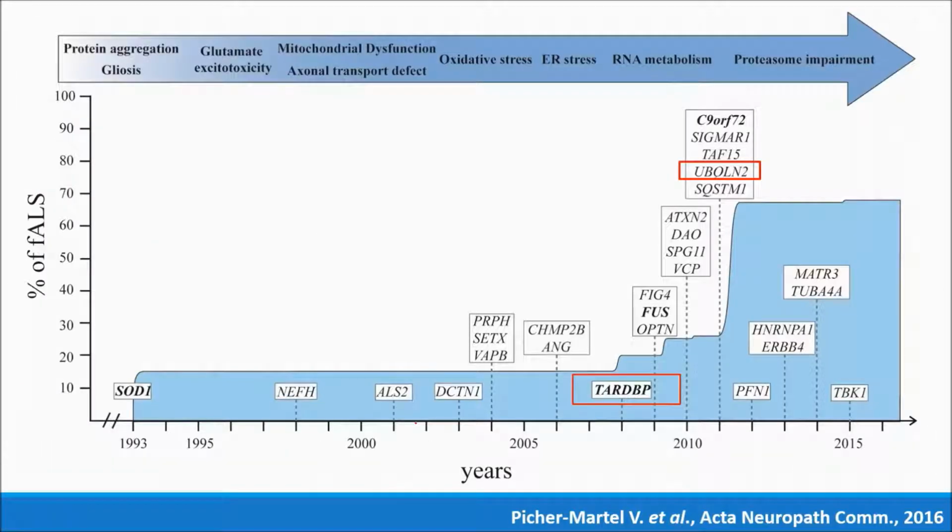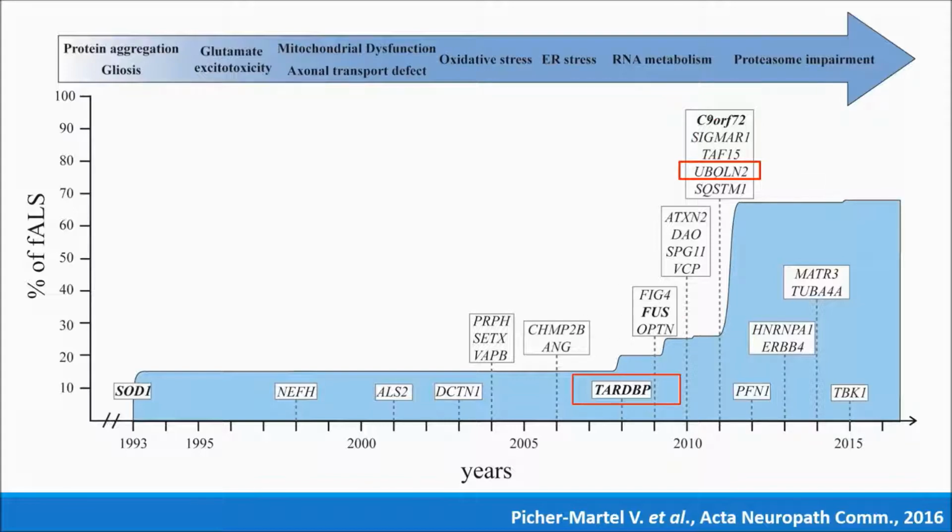There are a lot of genes that we know to be mutated in the familial form of the disease. The first one discovered, in 1993, was the SOD1 gene. Since this time, many other genes have been discovered. In 2008, the TDP-43 gene certainly changed research in ALS.